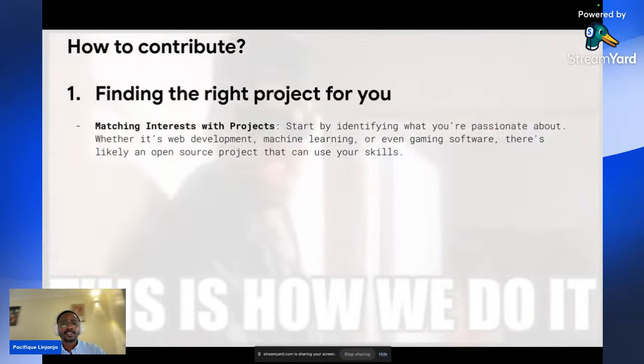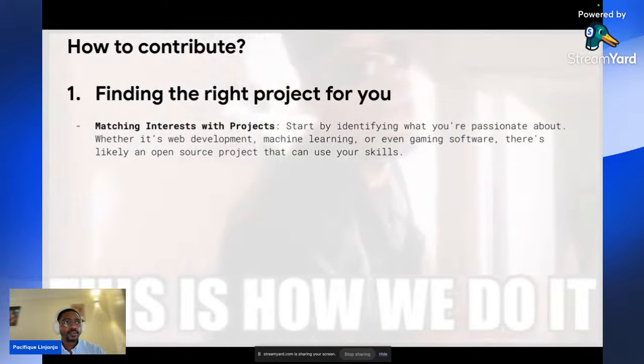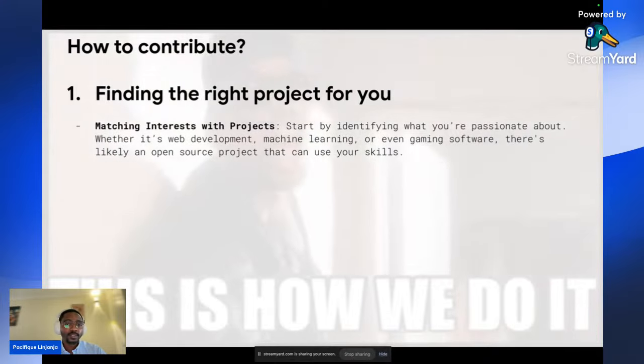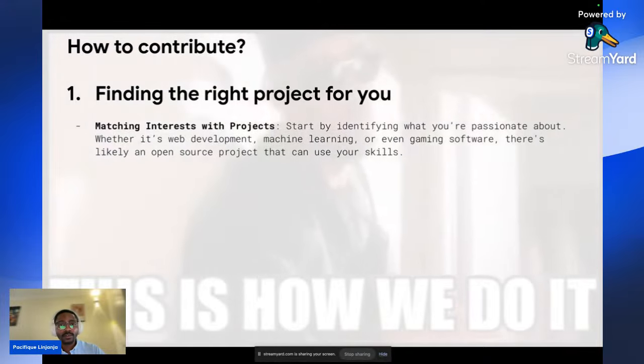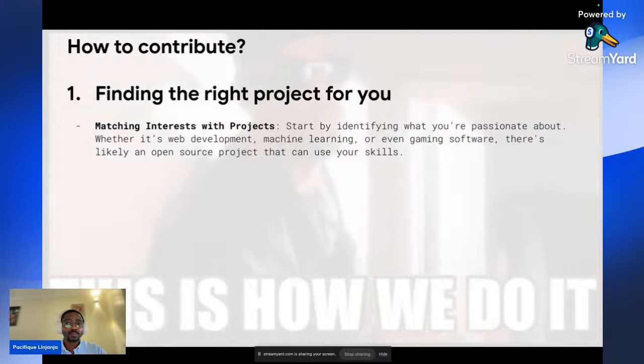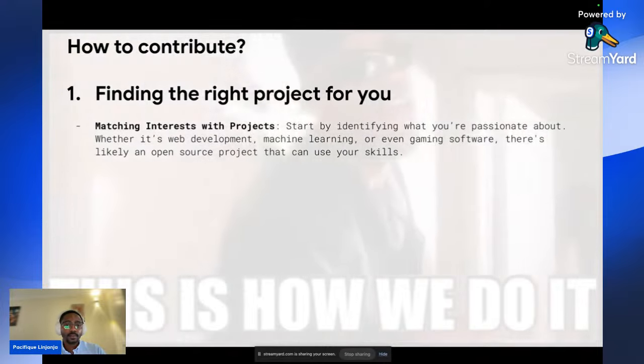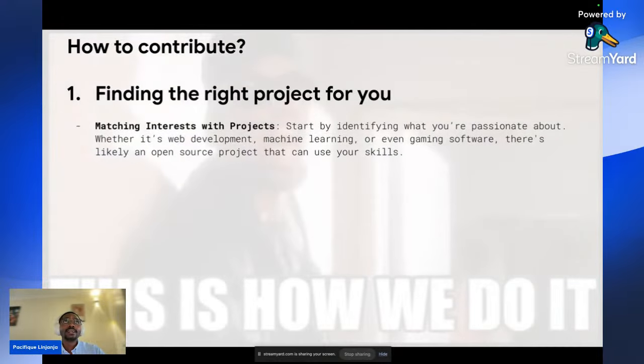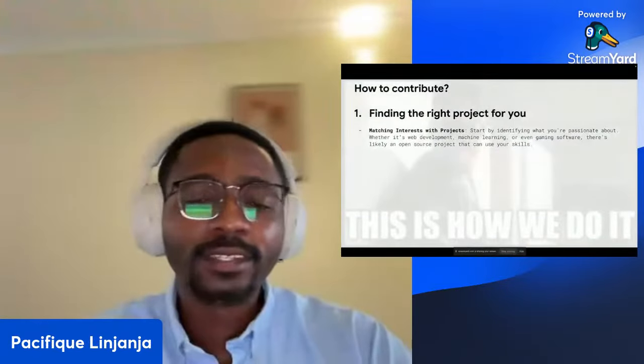The most important thing is you need to match projects with your interests. This is quite normal, because if you are a JavaScript developer, you won't go into Rust communities and look for projects to contribute to. It doesn't make sense, right? So you need to identify those projects that match your passion, because most open source projects don't pay you, so you need some sort of motivation, some sort of fuel.